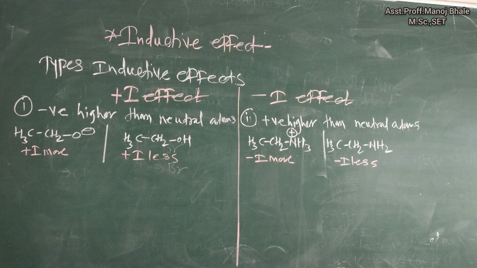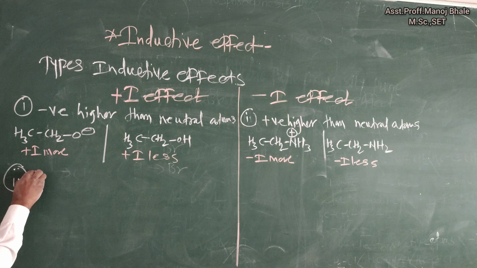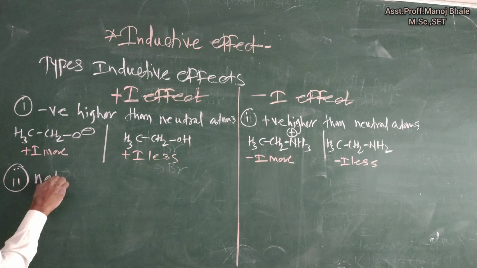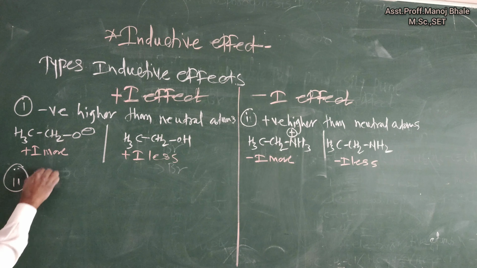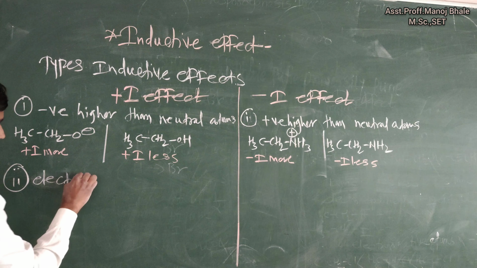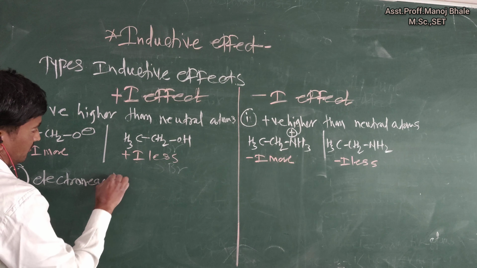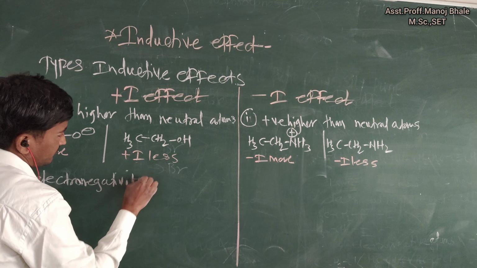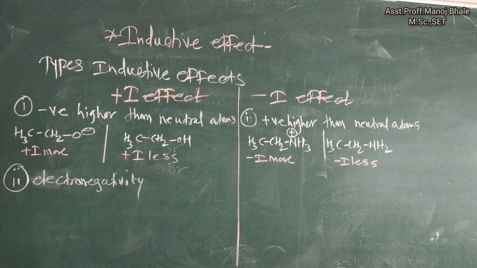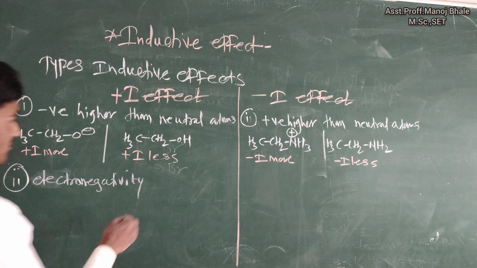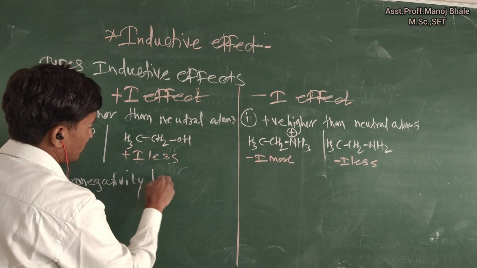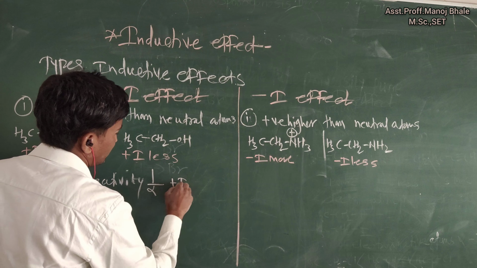The second comparative point given is about electronegativity. If we compare electronegativity with the plus I effect, the relation is inverse: electronegativity is inversely proportional to the plus I effect.